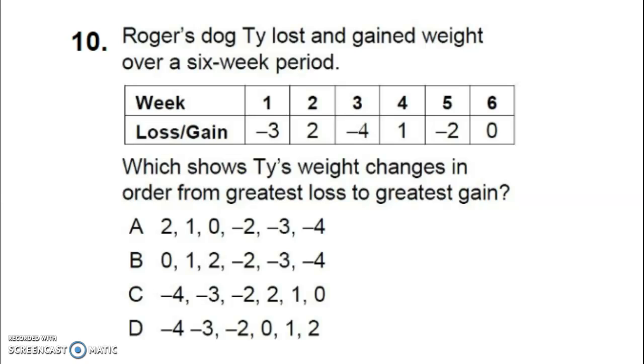Week 4 was a loss or gain of 1. Week 5 was a loss or gain of -2. Week 6 was a loss or gain of 0. Which shows Ty's weight changes in order from greatest loss to greatest gain?